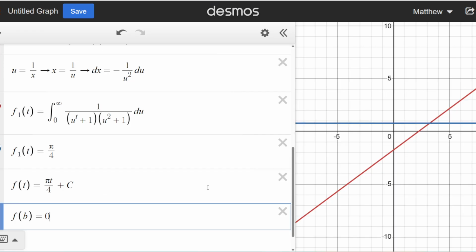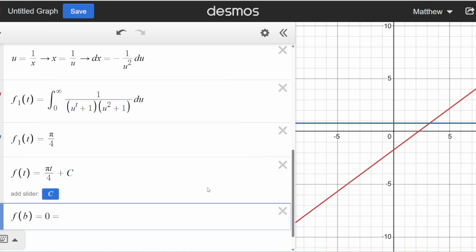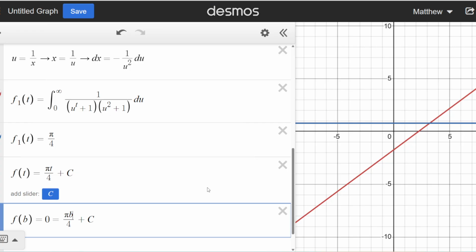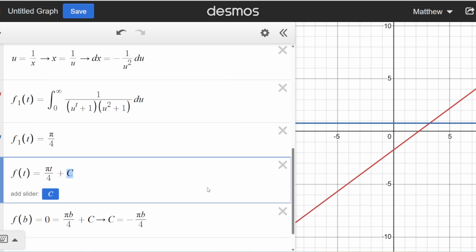So f of b equals 0, and that also equals pi b over 4 plus c. So that means that c is equal to negative pi b over 4. So we can go ahead and plug that in.